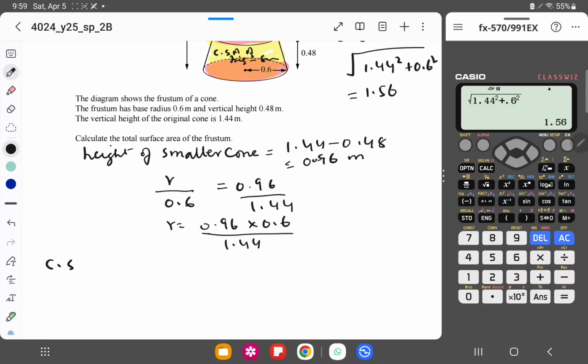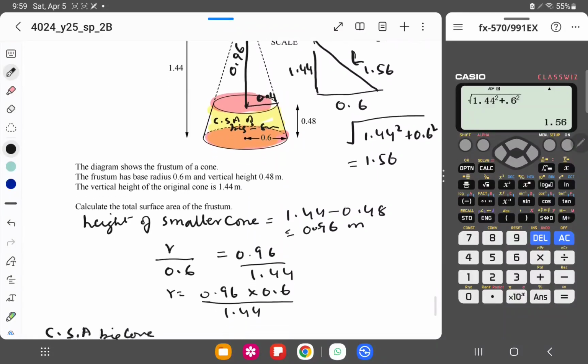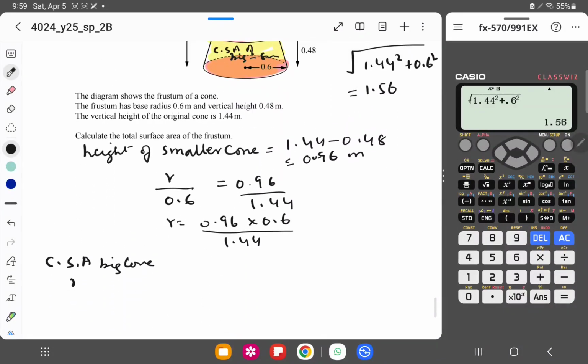The curved surface area of the bigger cone, where R is 0.6 and L is 1.56.